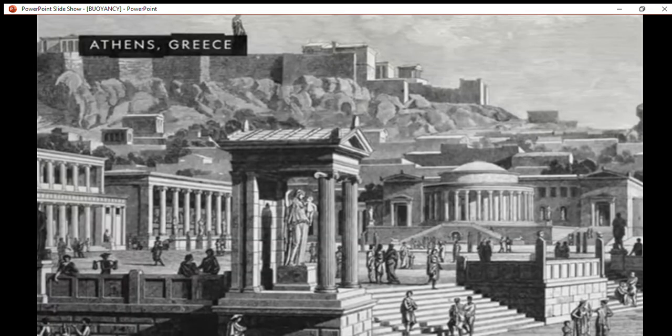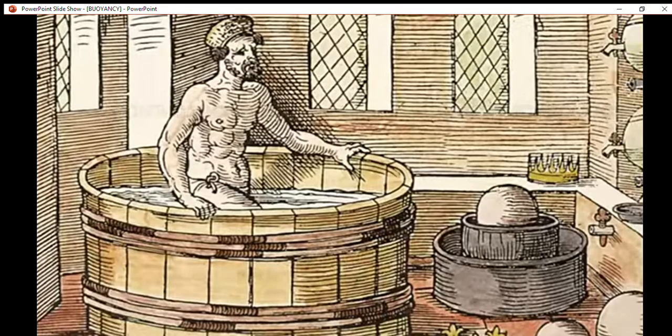Now let me tell you an interesting story from the 3rd century about the floating of ships. The discovery of the principle behind the floating of ships dates back to the 3rd century BC. The story behind the discovery goes like this. A Greek man was taking a bath in a bathtub.